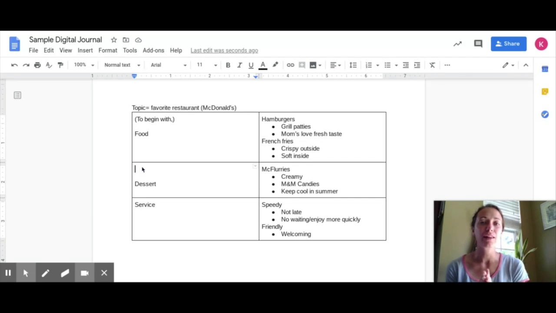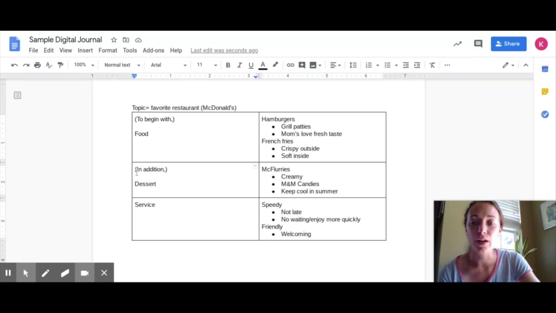And remember, we're going to leave those more basic transition words to the 1st and 2nd graders. The transition phrase that I like and would like to use second is in addition. So if I say in addition, that tells me that we've already talked about something, and now there's something else that I'm going to talk about as to why McDonald's is my favorite restaurant.